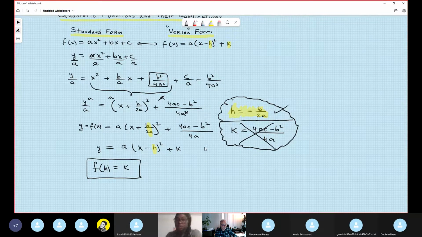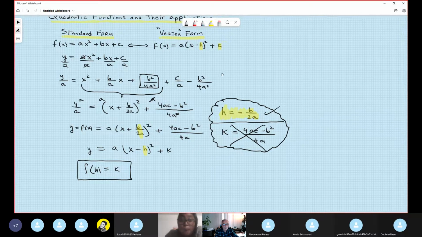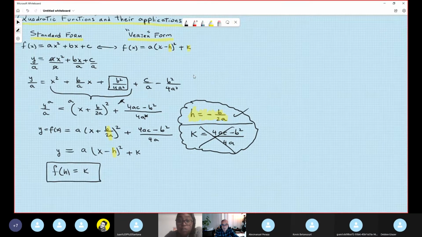And the most important characteristic in the quadratic function, number one, is the vertex. A vertex is a point (h, k).